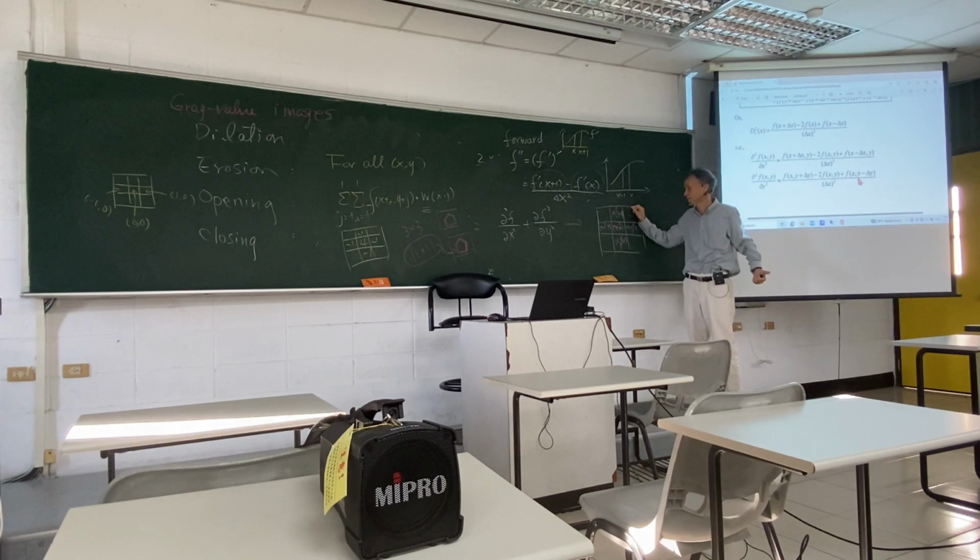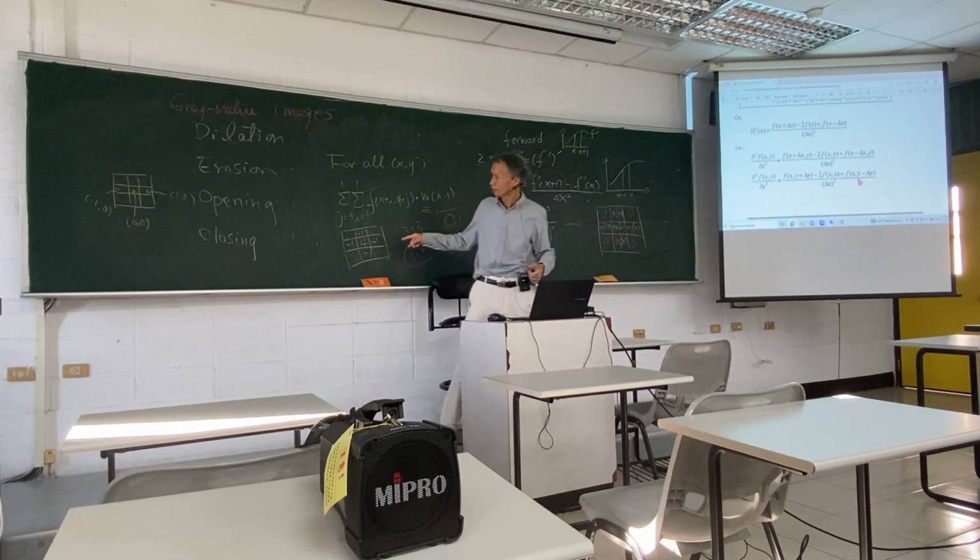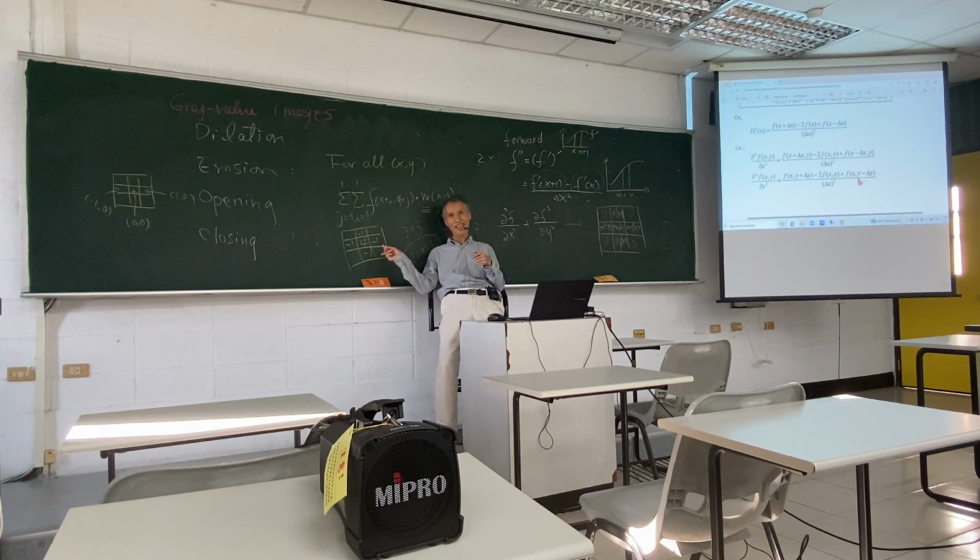So it means 0, 0, 0, 0, which corresponds to our Laplacian operator. That's why you call it the Laplacian operator. It's based on the second derivative. That's how it comes about. Okay.